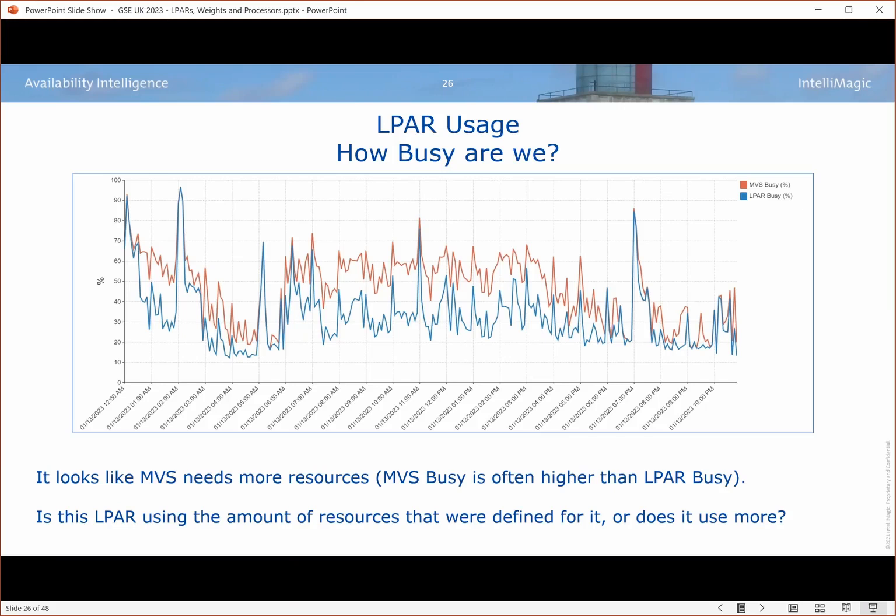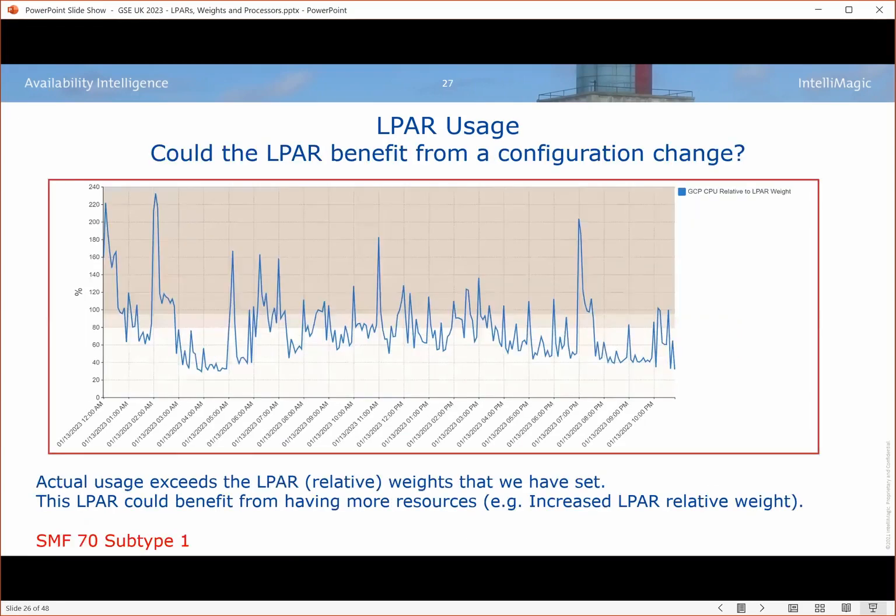So my question is, I have defined resources. I've defined a weight, which works out to be how many processors and what capacity. How are we using that relative to our definition? What we're looking at here is what we refer to as the relative weight versus the CPU usage relative to the LPAR weight. That means, are we using more CPU than what we defined in the LPAR definition, i.e. in the weight?